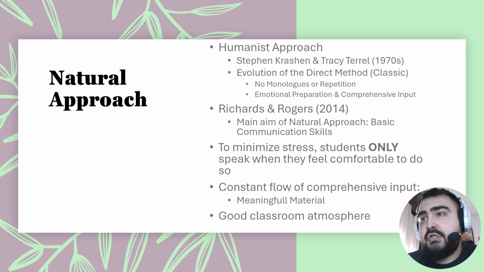Instead, they use emotional preparation to language learning and comprehensive input. According to Richards and Rogers, the main aim of the natural approach is for the learner or student, in our case, to attain basic communication skills.